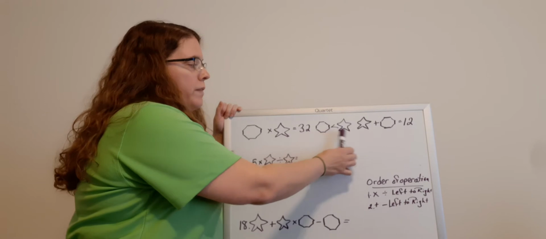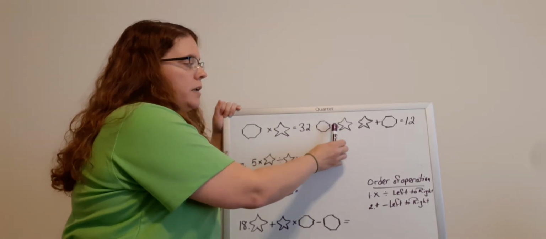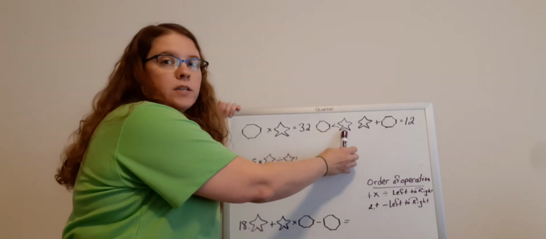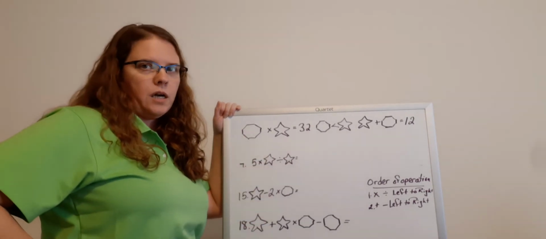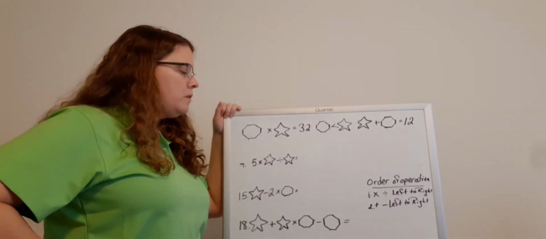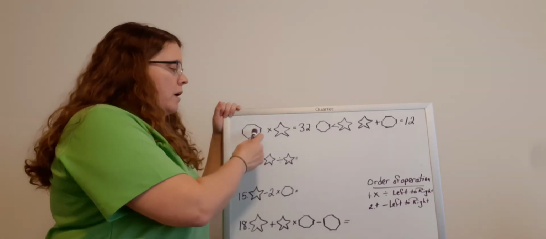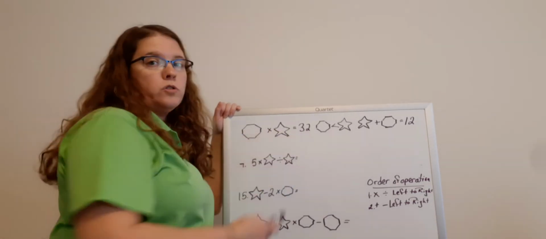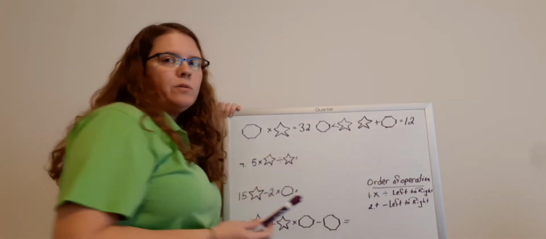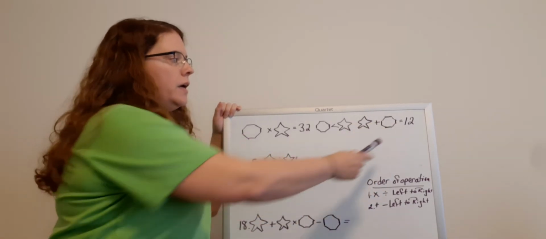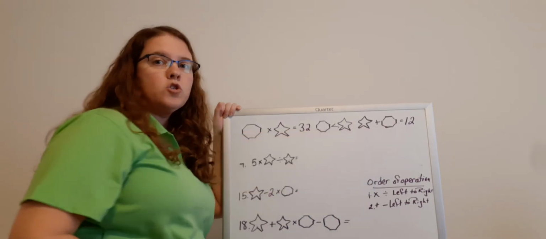Now, with our less than or greater than, my octagon is going to be a less than number than my star. So we have to think of smaller numbers for my octagon. If I say 1, I would have 1 times 32 equals 32. However, when I add them, 32 plus 1 equals 33. That's very much bigger than my 12.